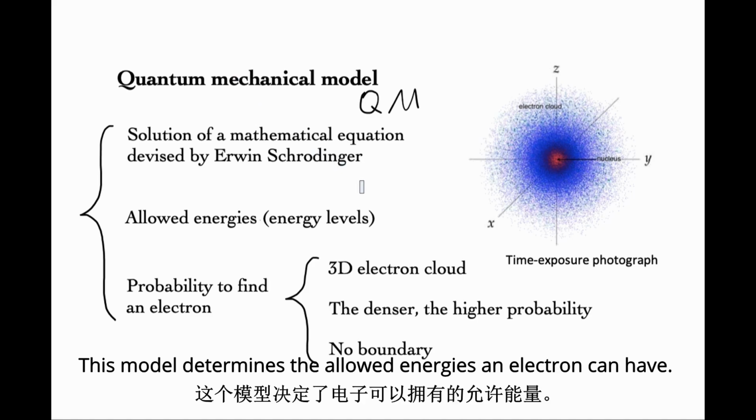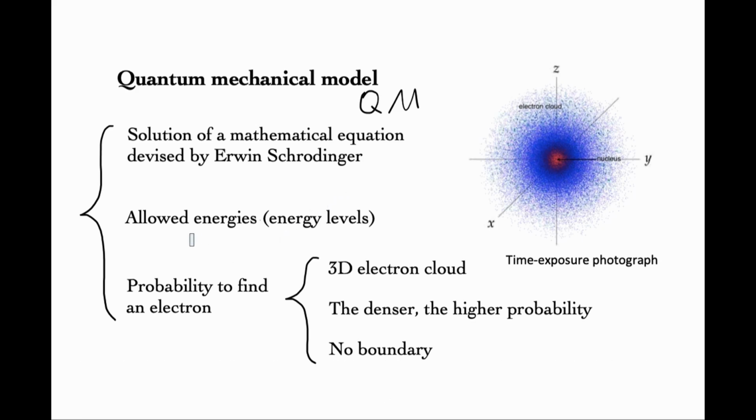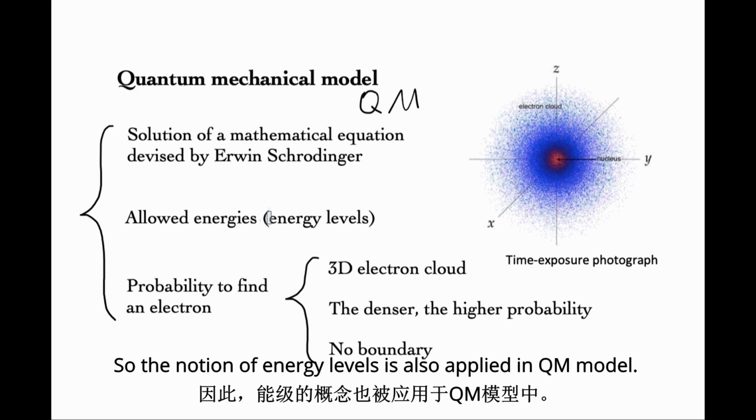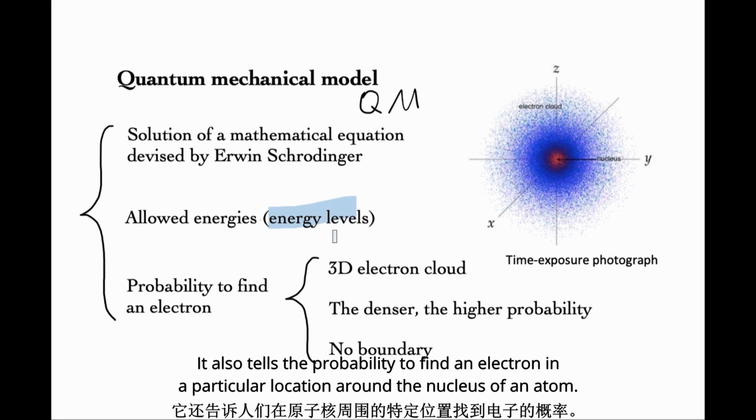This model determines the allowed energies an electron can have, so the notion of energy level is also applied in the QCM model. It also tells the probability of finding an electron in a particular location around the nucleus of an atom.